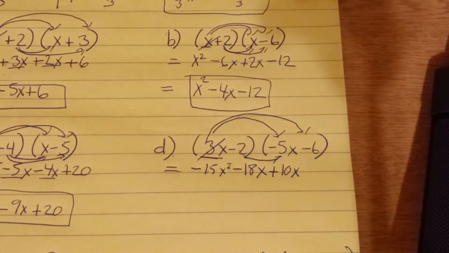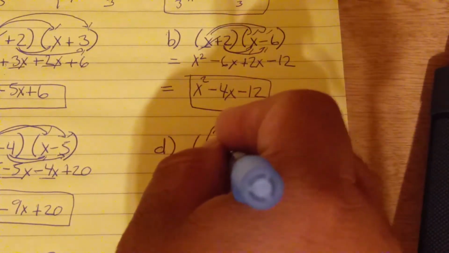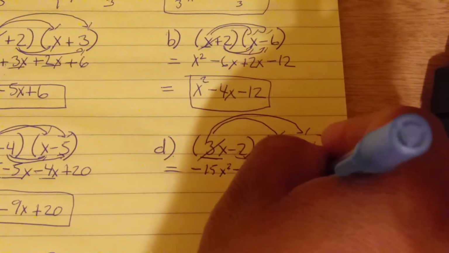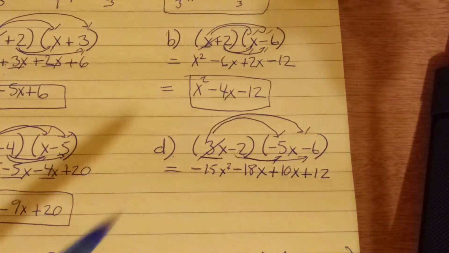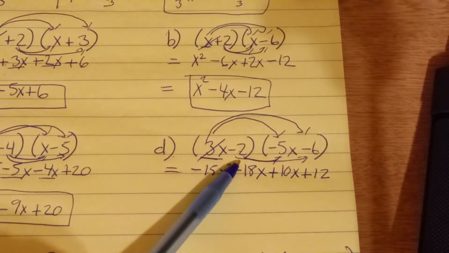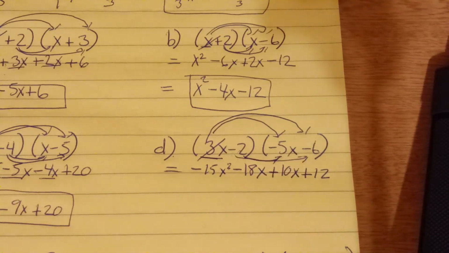And finally, we have -2 times -6. -2 times -6 is positive 12. So once again, we completely distributed both the 3x, which gave us these two, and then we distributed the -2, which gave us these two right there.